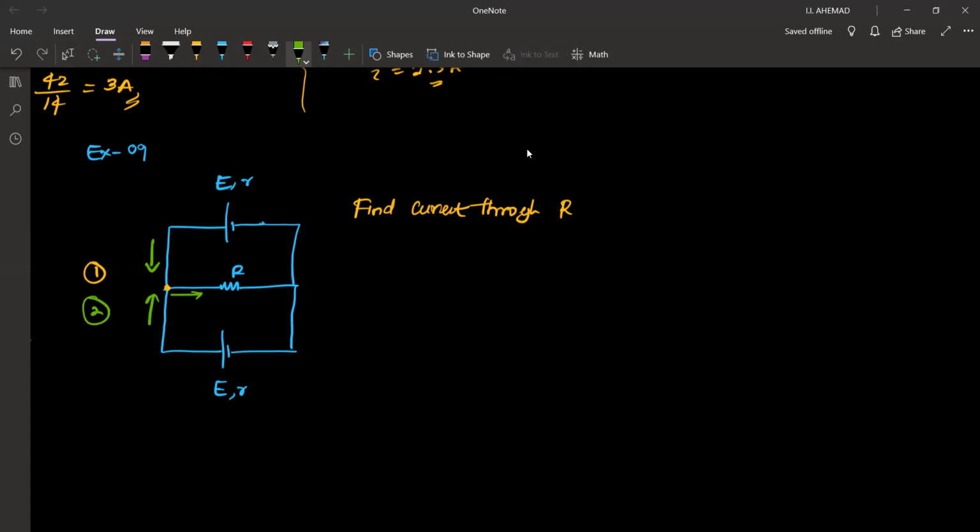Which one is possible? Case 1 or case 2? Which one is practical? First or second? Shahman, can you continue and find what is I? Which one is more practical? The first one or the second one?